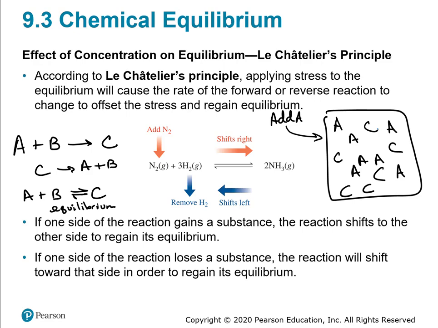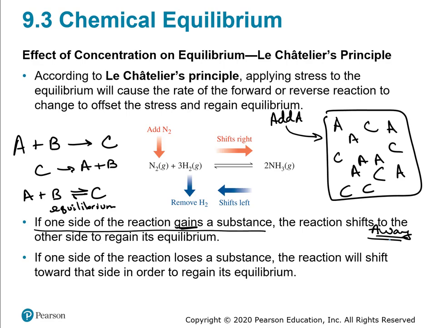So he came up with a rule. He said, if you add anything to a reaction at equilibrium, the reaction always shifts away from whatever you add. So always think, if I add, it shifts away.